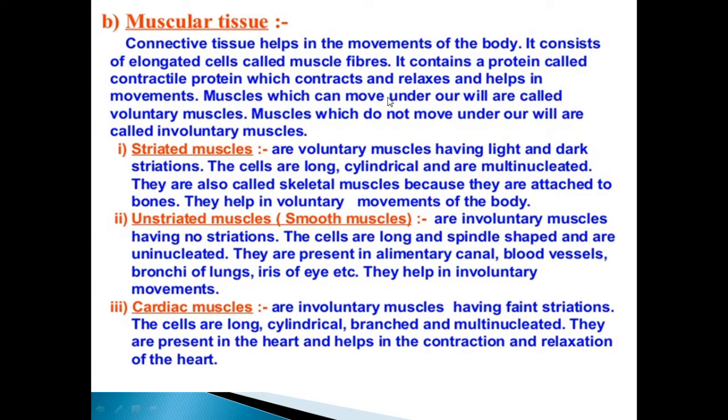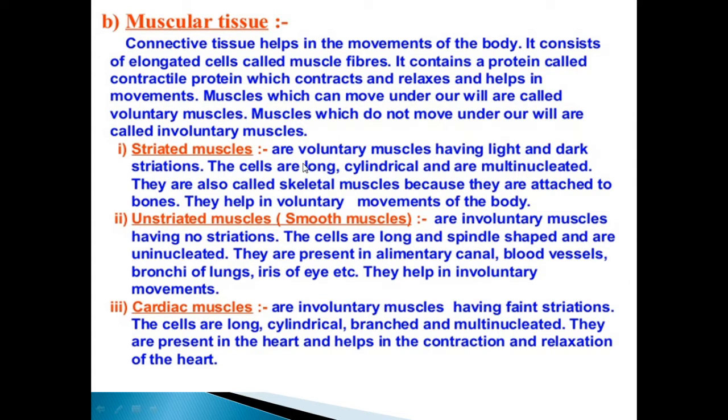Muscles which can move under our will are called voluntary muscles. Muscles which do not move under our will are called involuntary muscles. Muscular tissue is again subdivided into striated muscles, unstriated muscles, and cardiac muscles. First we see striated muscles.